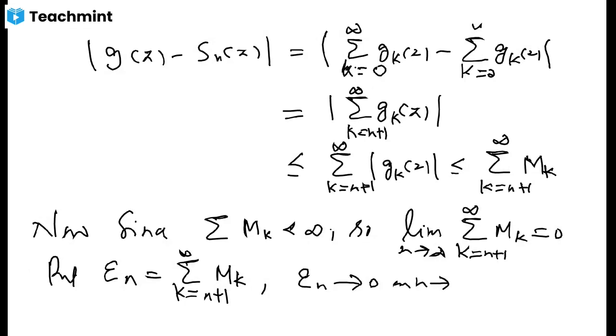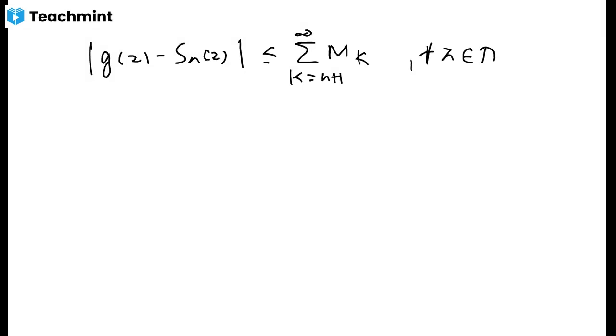So we have these estimators, and now let us plug them into the inequality for g(z) minus s_n(z). We had this less than or equal to the sum of M_k for k from n+1 to infinity, and this is true for every z. There is no dependence on z.